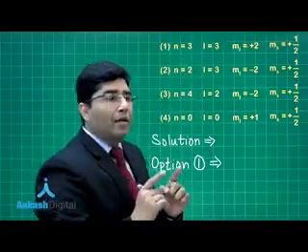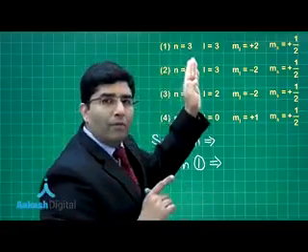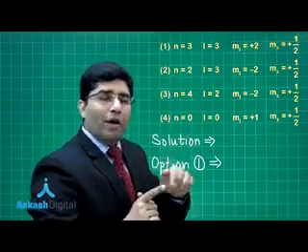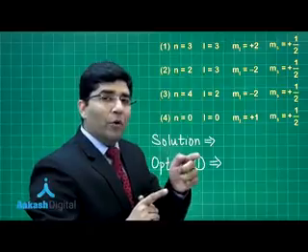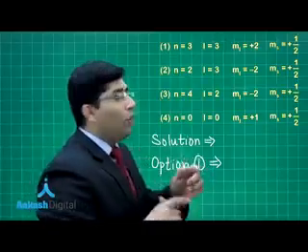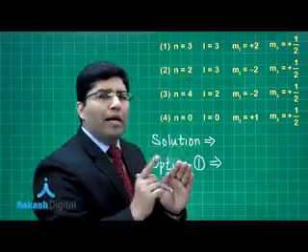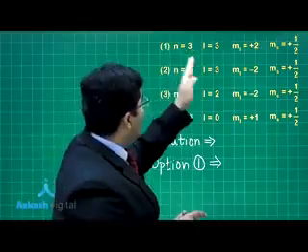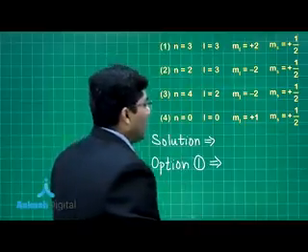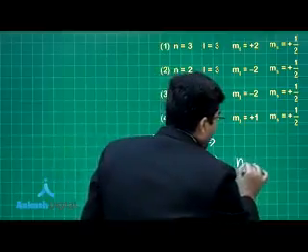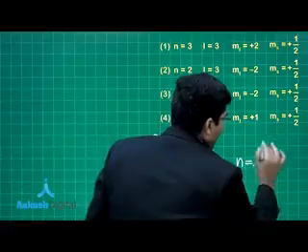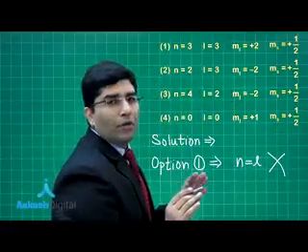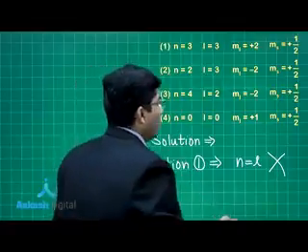Now we know that the value of L, that is azimuthal quantum number, cannot be greater than that of principal quantum number, because the value of L is from 0 to n minus 1. So L will always be smaller than n, right? Now in this case what is happening? They are equal. So if n is equal to L, this is not possible. This is wrong.